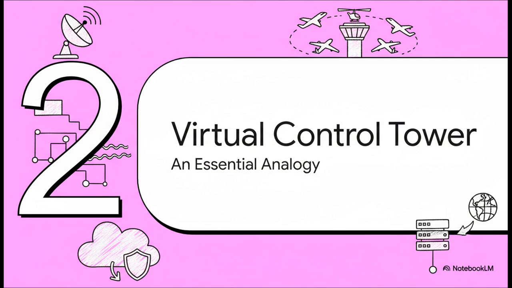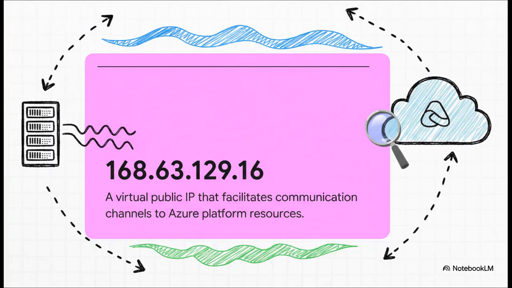Okay, drumroll please. It's time for the big reveal. The best way, and I mean the absolute best way to understand this IP is to think of it as Azure's virtual air traffic control tower. Okay, so here's the official line from Microsoft. And the key word to really latch onto here is virtual. This isn't some server rack humming away in a data center somewhere.